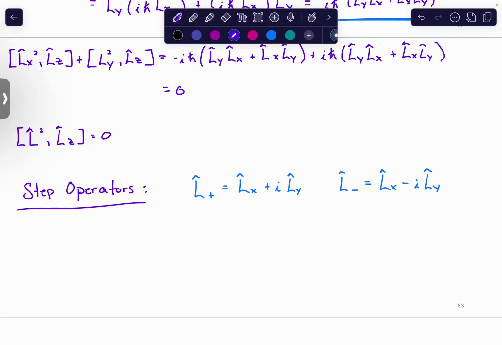Okay, so these are our step operators. All right.